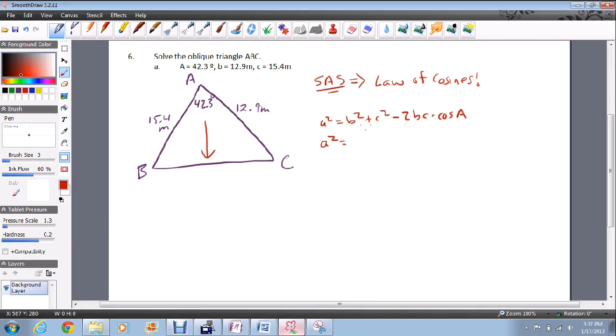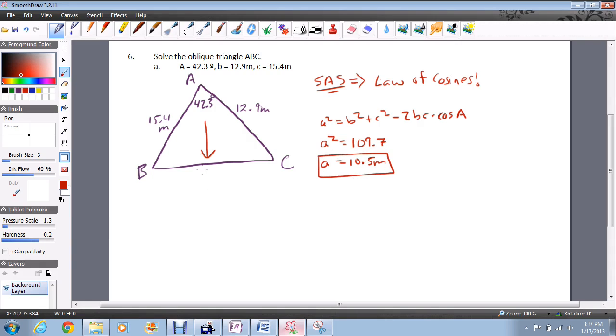A squared, after I plug in the b, the c, the b, the c again, and the angle A, make sure you're in degree mode. You should get 109.7. But then remember, we need to take the square root of that, so A ends up being approximately 10.5 meters.